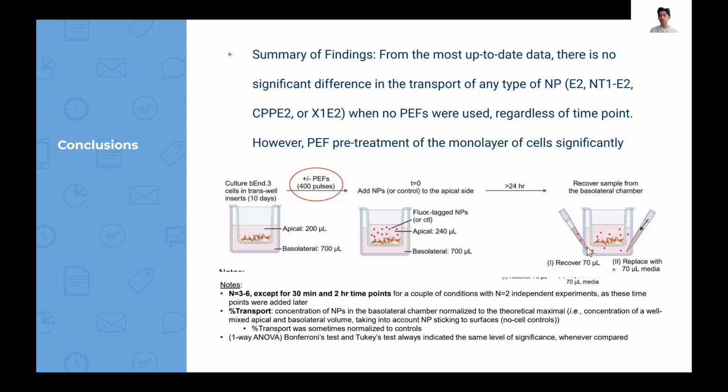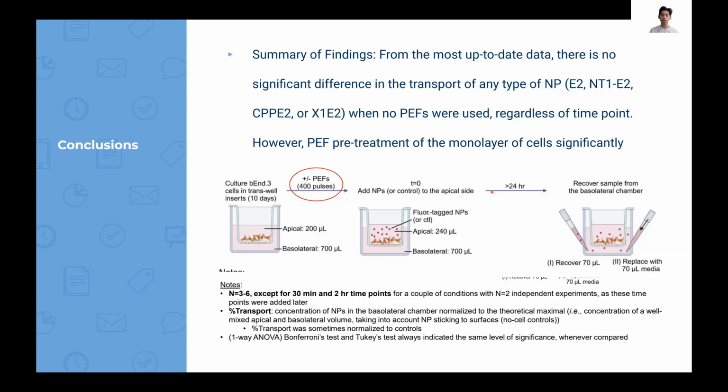We can recover this and measure the concentration in a small sample of the basolateral cell culture down here. As I said before, we're using 400 pulses of pulse electric fields, and we are imaging up to 72 hours past pulse electric field application, and we're getting extremely good results.